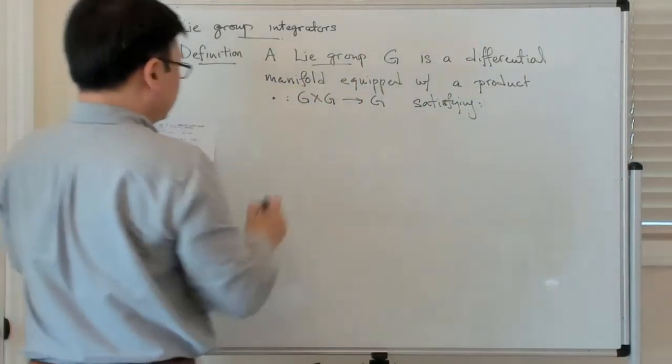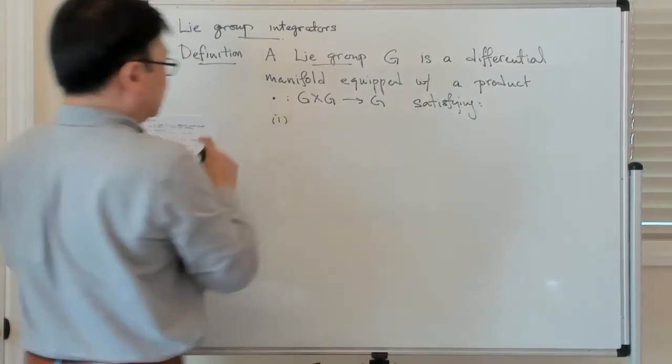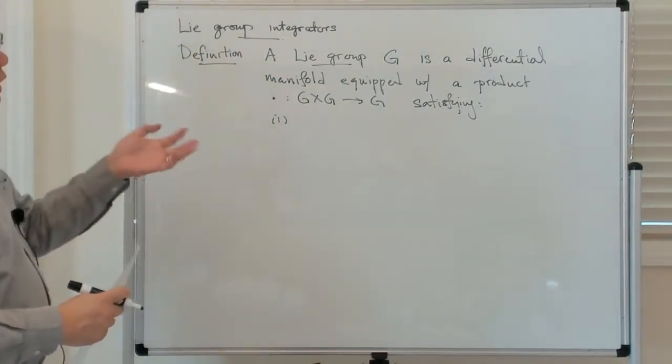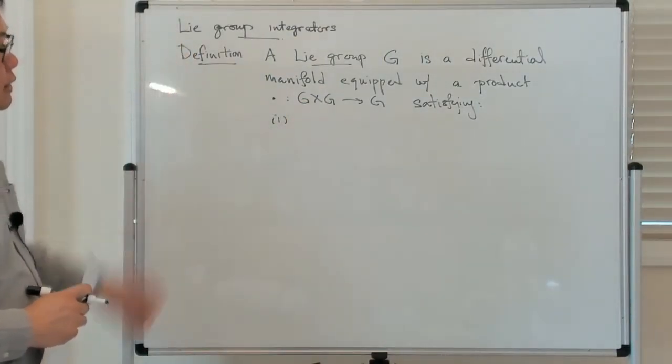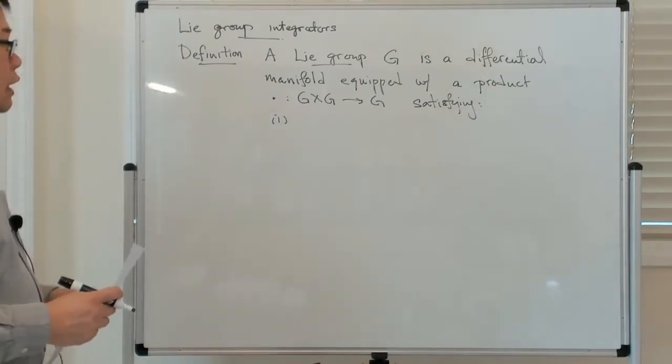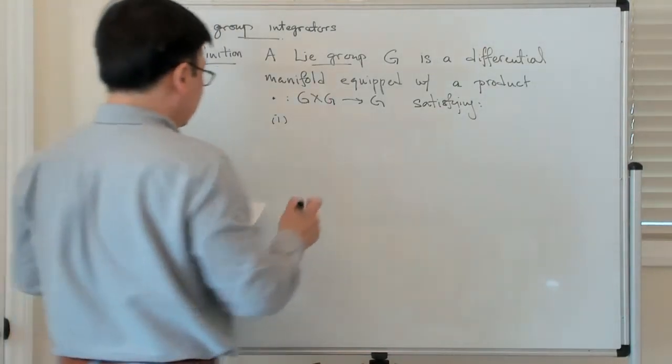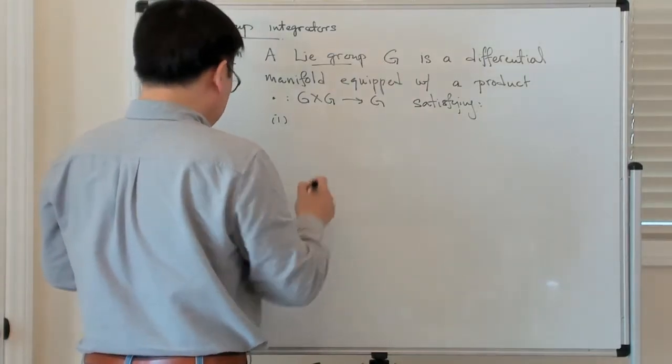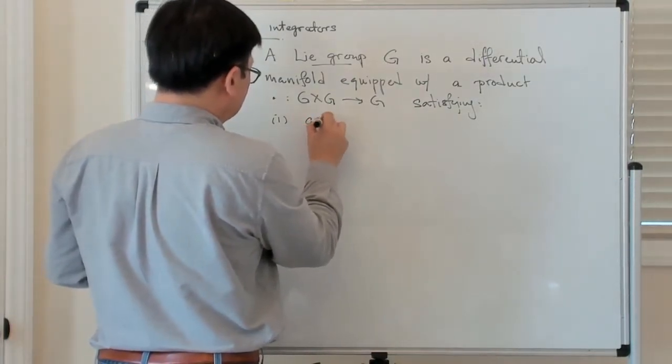Following properties. So the first one is that, as the name implies, this product makes this set G a group. So it has to be that this product is associative.